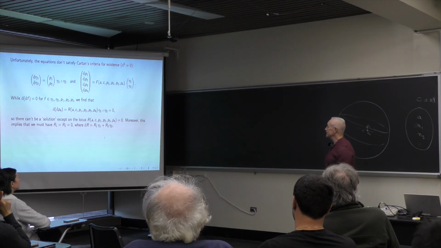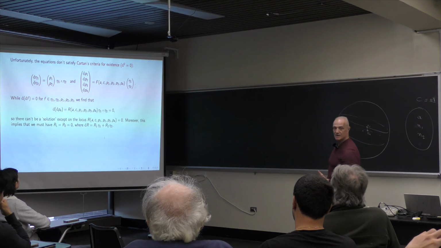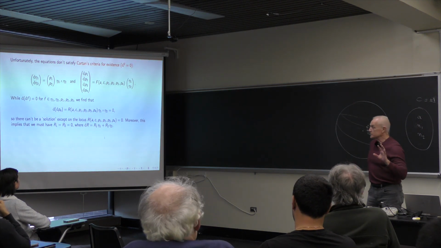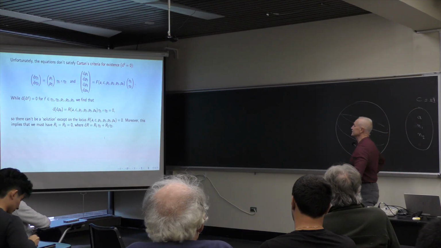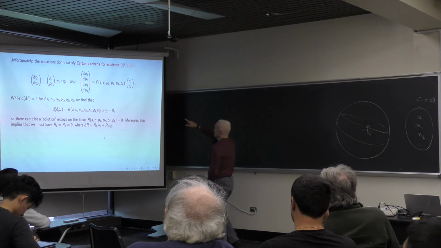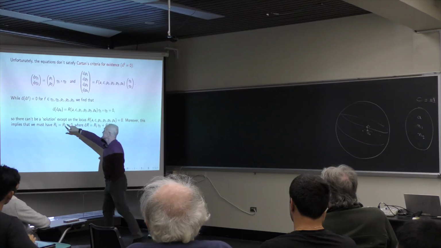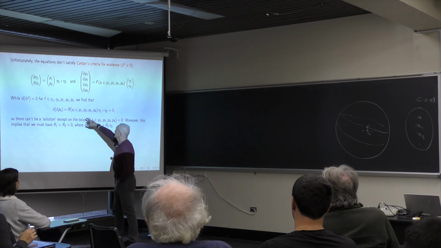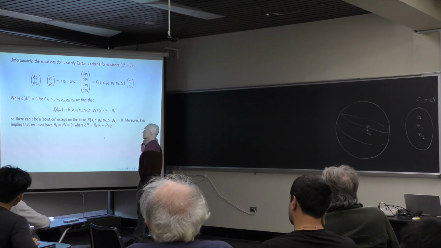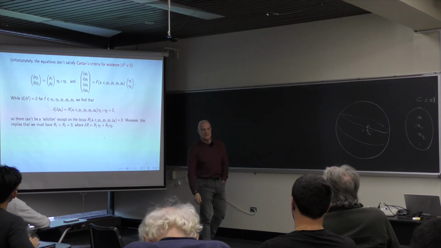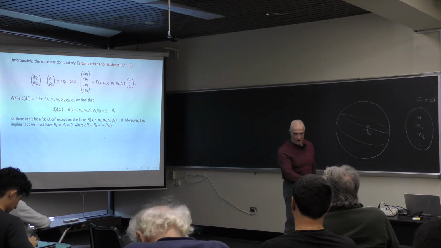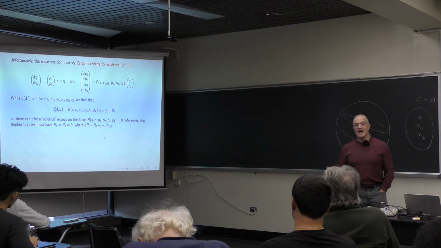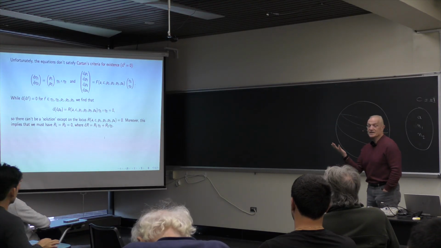But unfortunately it's not true that this F implies that d of d of P4 is 0. In fact, what you get is some rational function of A, C, P1, P2, P3, P4 that does not necessarily vanish.